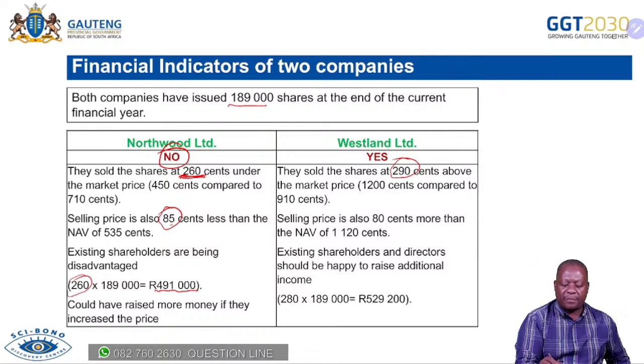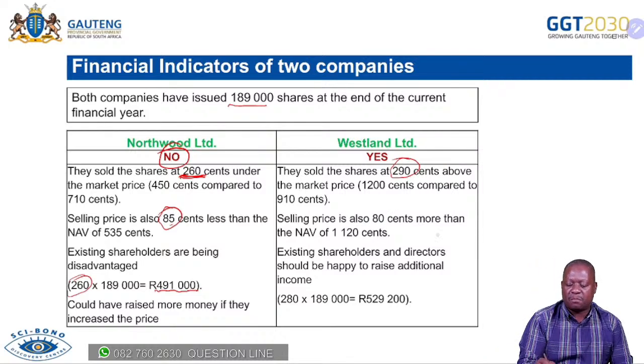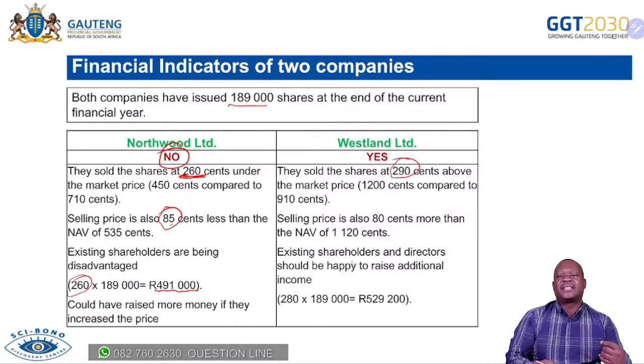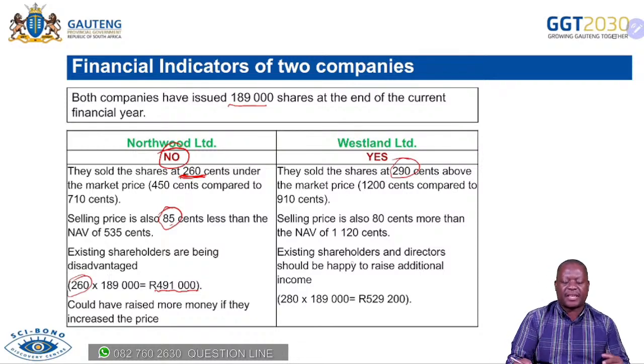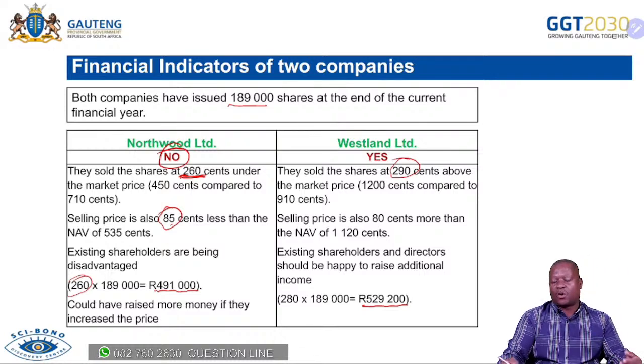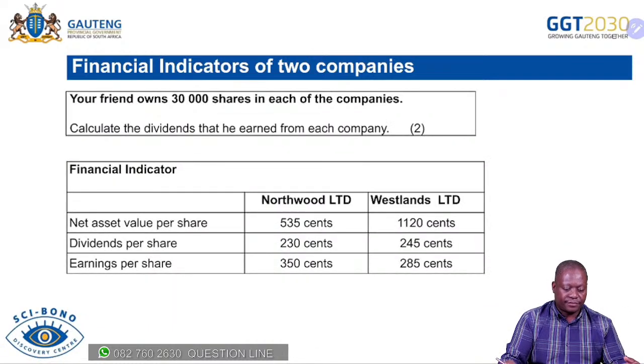The selling price is also 80 cents more than the net asset value. What does that mean? It means the existing shareholders in this case are gaining, and they are gaining 529,200. They couldn't have done it in any better way.